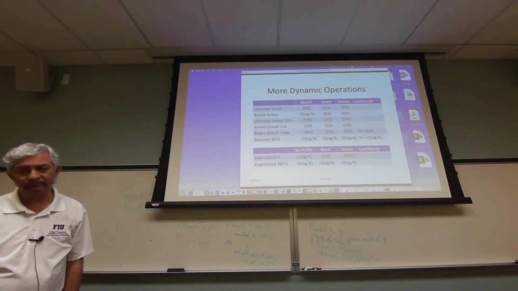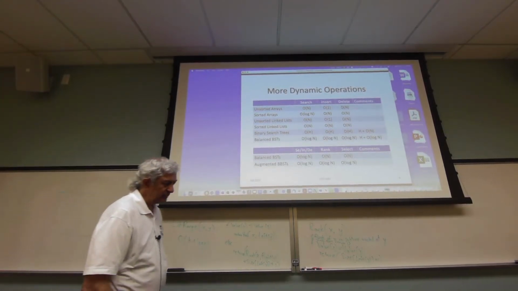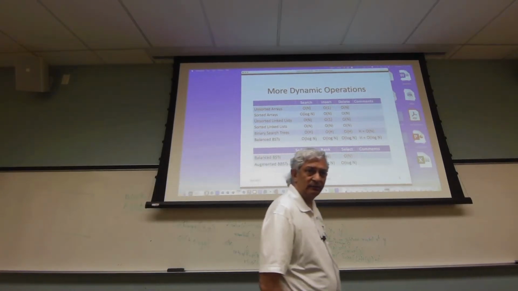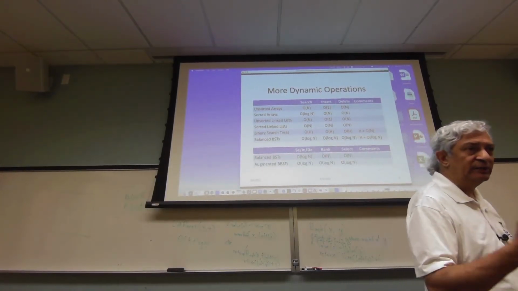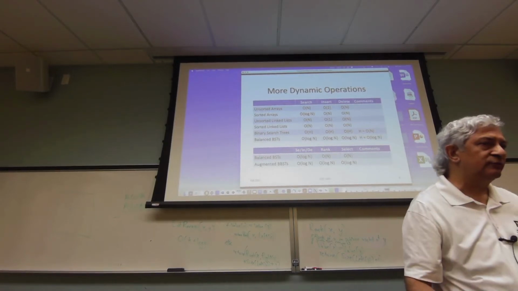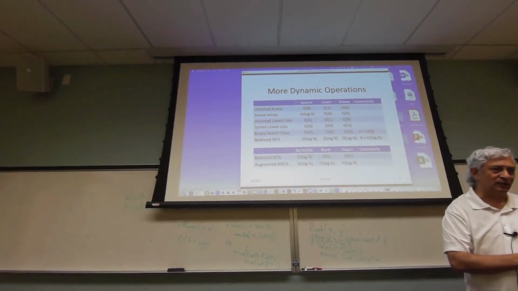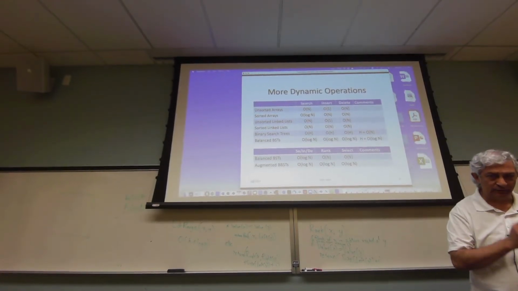Yeah? Can you use this to replace a segment tree or something like that? So a segment tree keeps track of segments, right? And those are ranges. And that has a slightly different flavor. So you're asking, if you had a segment tree, can I replace it with something like this? Yes. That's what you're asking.